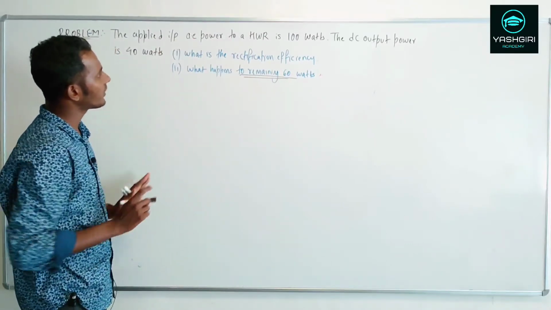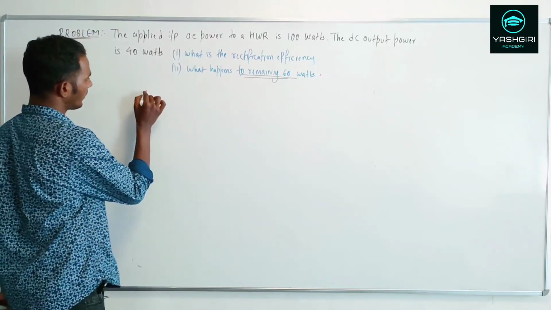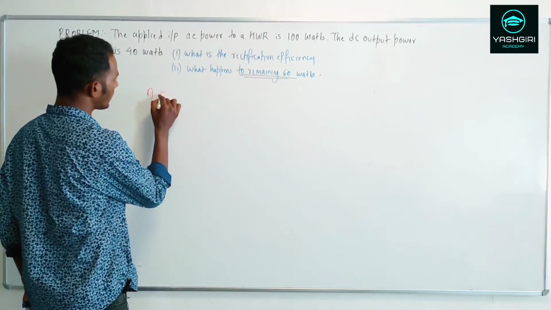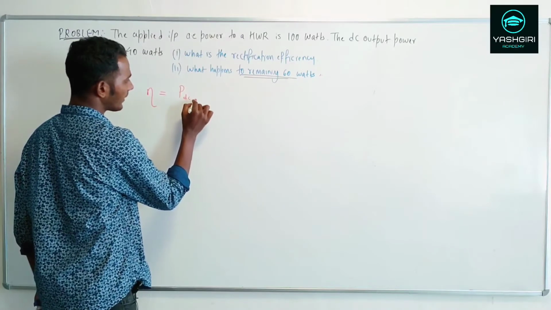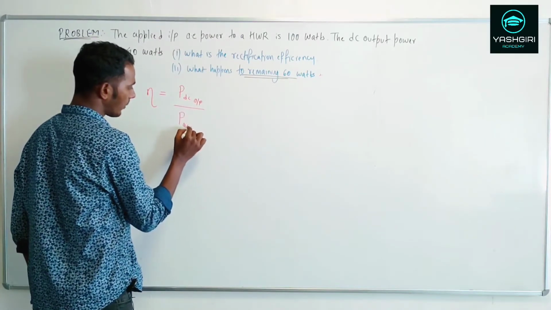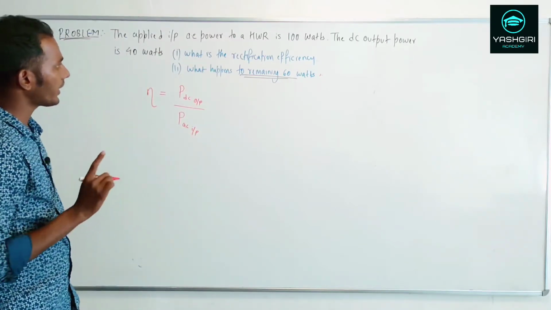Let's focus on the first. The rectification efficiency is nothing but the DC output power at the output divided by the AC input power, correct? And we are given the applied input AC power.